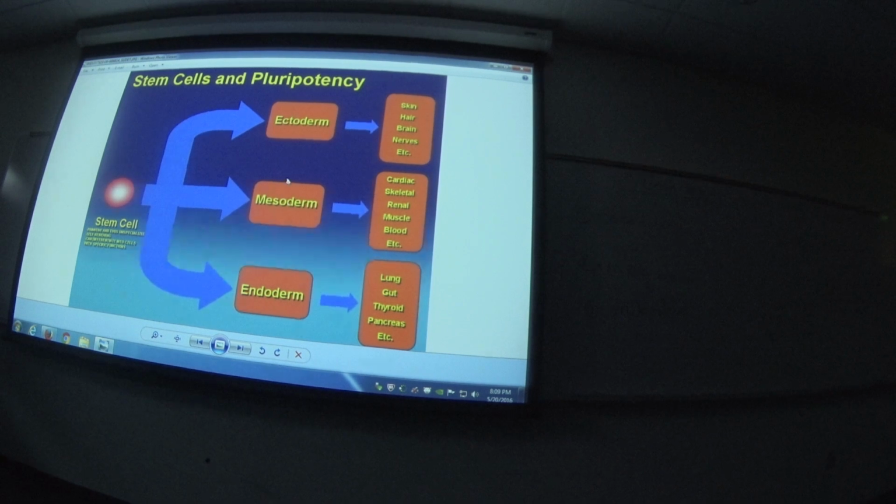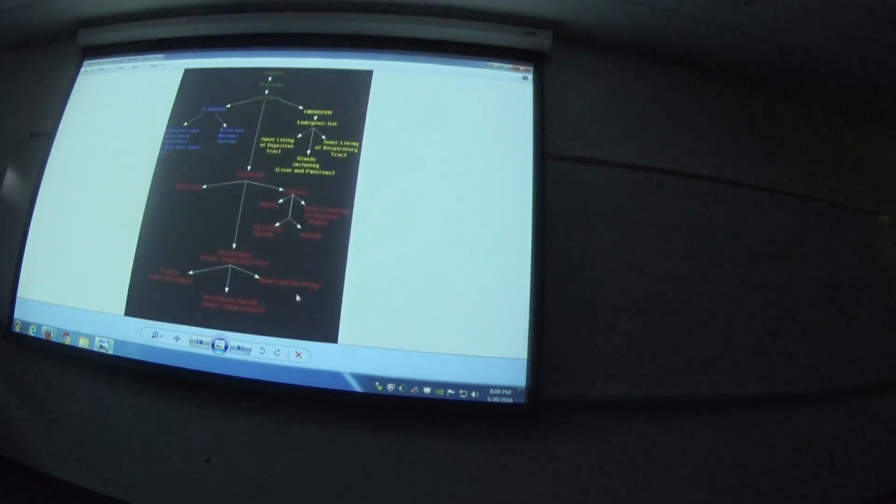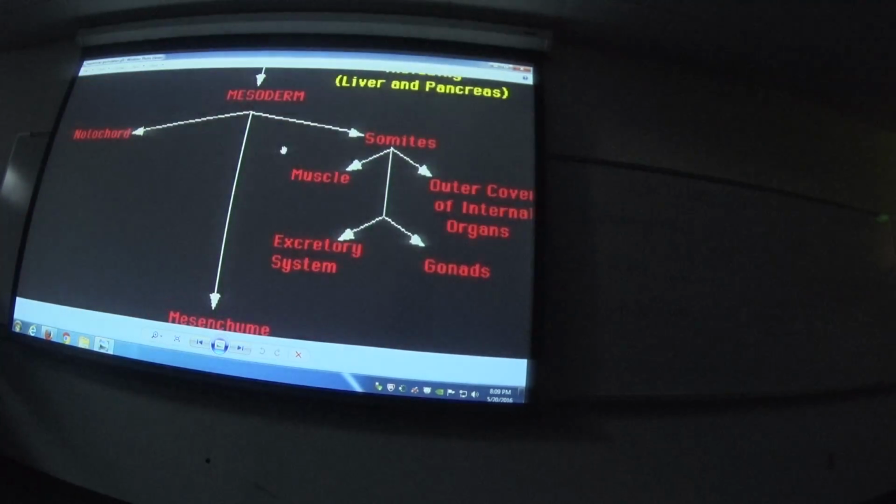So my ectoderm, things on the outside of me, like skin, hair, my brain and nerves, from the NT. Mesoderm is the middle of me, things like my heart, my bones, my muscles. And then endoderm is the lining on the inside of me, my lungs, my gut, my endocrine stuff.